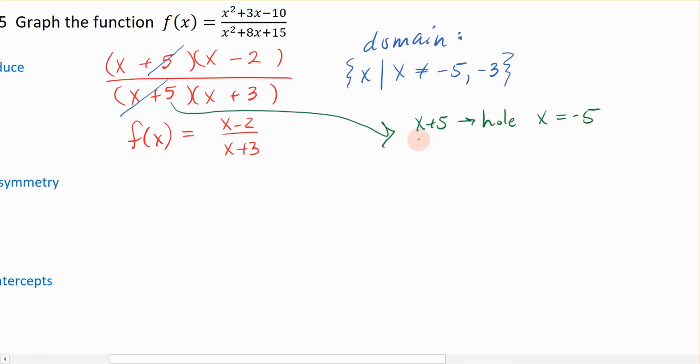So I have a hole that's occurring there. It's not enough to just cancel this factor off and say it doesn't exist anymore, because in fact it creates a single hole in my graph.